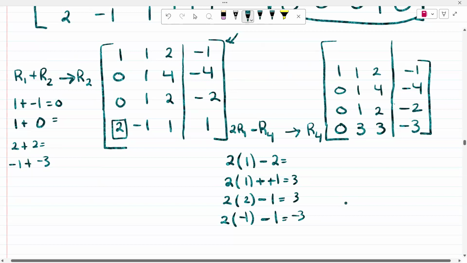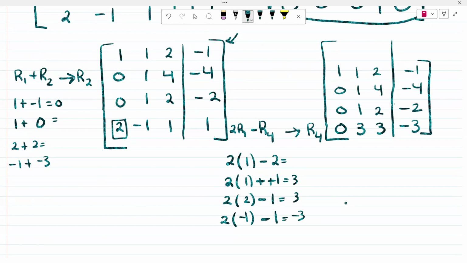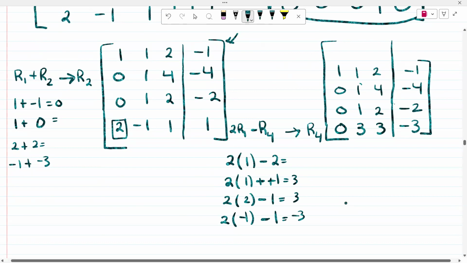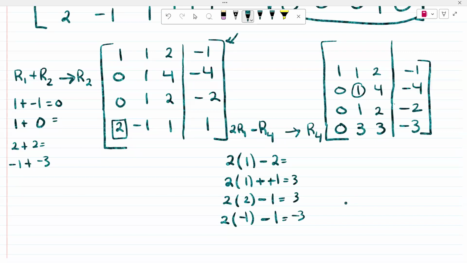So now what I'm going to do is, so we have all these numbers 0. That's good. Now here's my pivot. So I have to make this 1 here 0, this 3 0, and then this 1 0.